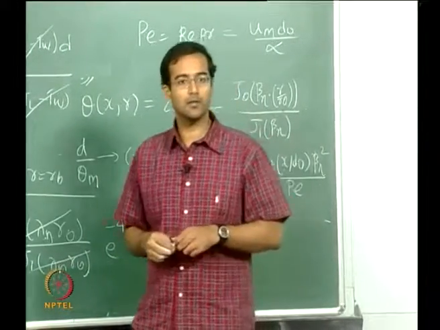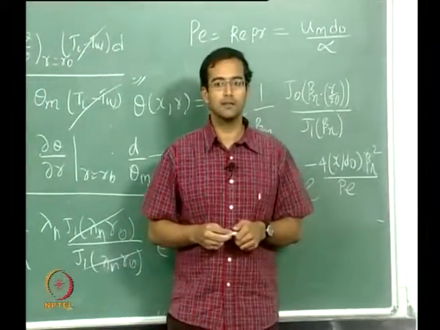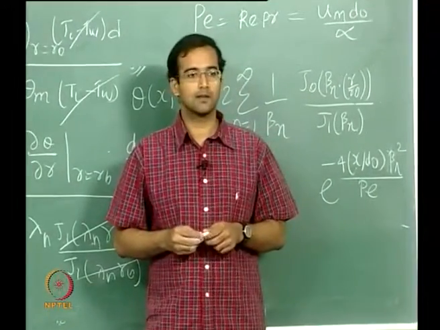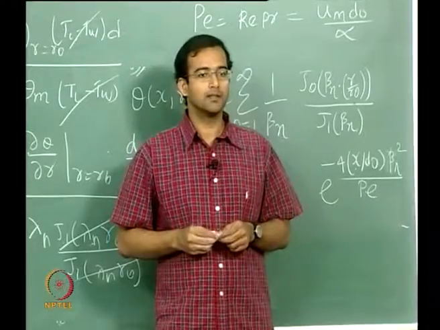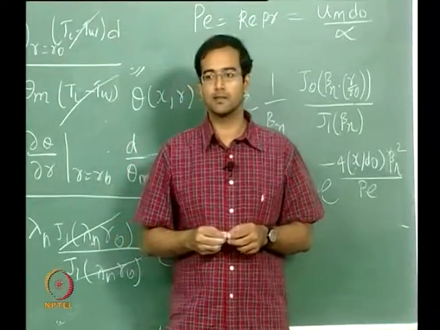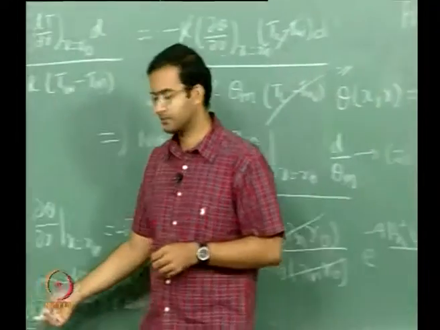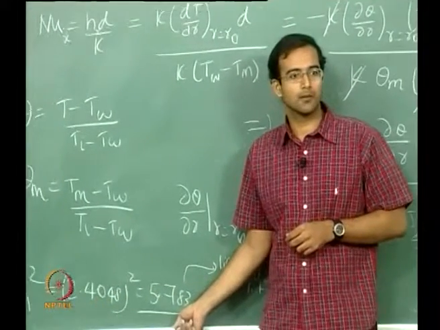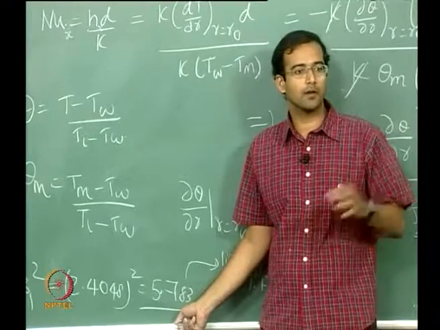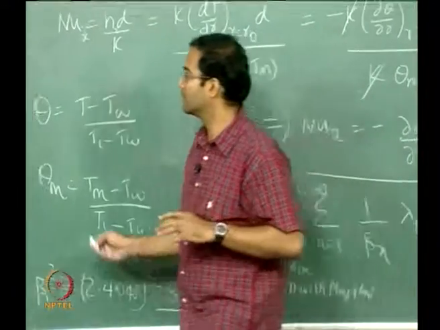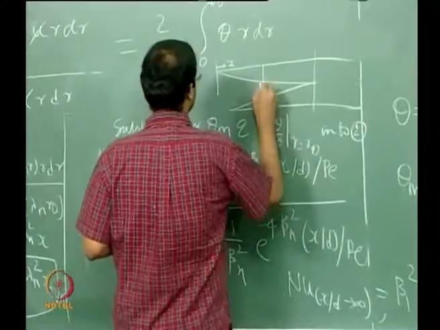With a parabolic flow and constant wall temperature boundary condition, what was the Nusselt number? 3.6. Now this is much higher than that value, because instead of a parabolic profile you have a uniform profile everywhere, wherever you take the profile.